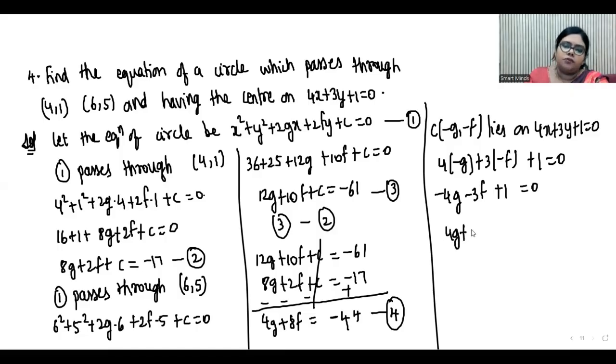So 4g plus 3f is equal to 1. Mark this as equation number 5. Now we need to solve 4 and 5.